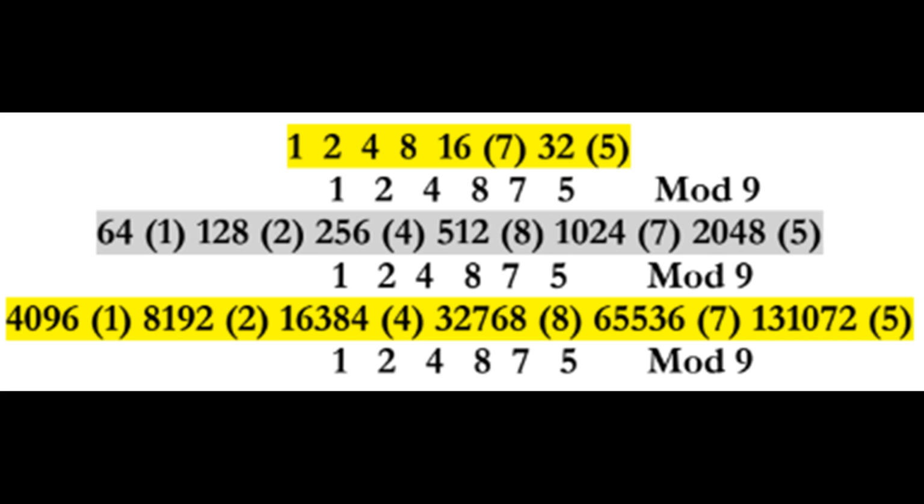It goes 1, 2, 4, 8, and then the 16 becomes a 7, the 32 becomes a 5, and so this repeating sequence 1, 2, 4, 8, 7, 5 goes on indefinitely.